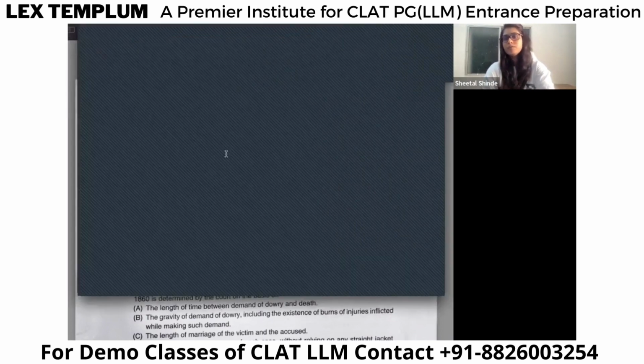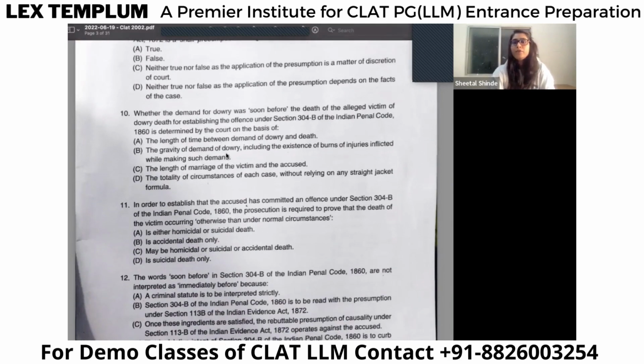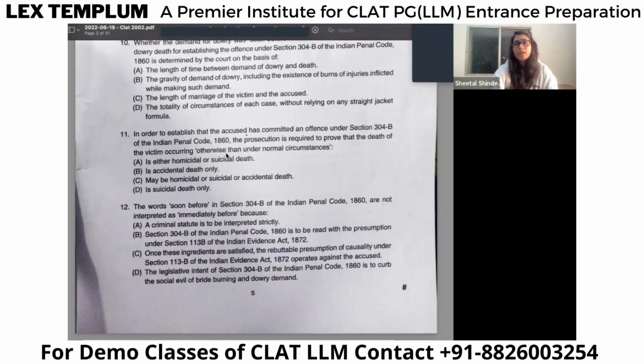The answer for 9 is A. Obviously, because this is discussed in Satvir Singh and this Gurmeet case, the presumption as to dowry death provided under section 113B of the Evidence Act 1872 is a shall presumption. That's true. Then for the 10th, the answer is B, that is the gravity of demand of dowry, including the existence of burns or injuries inflicted while making such a demand. So this is an easy one.